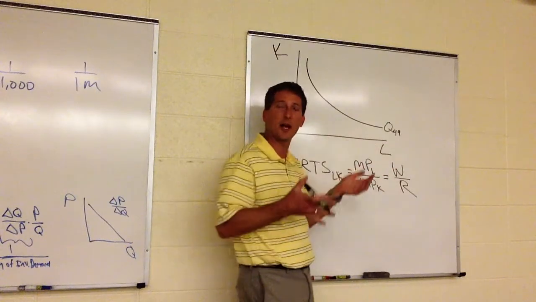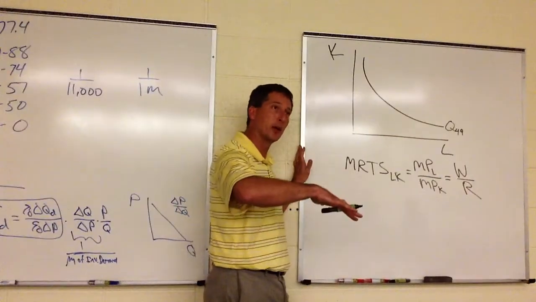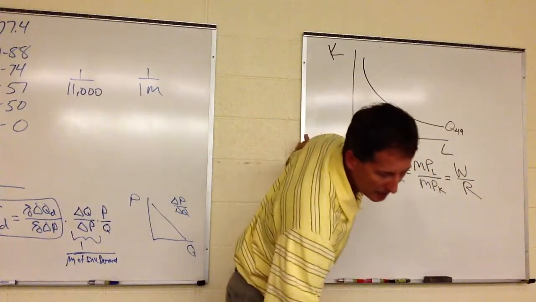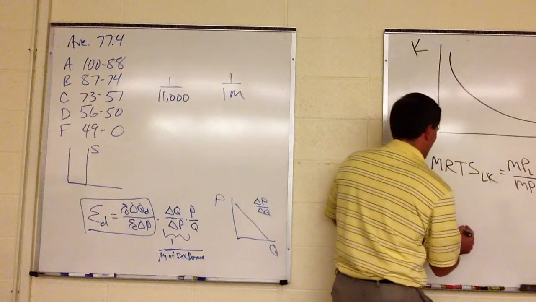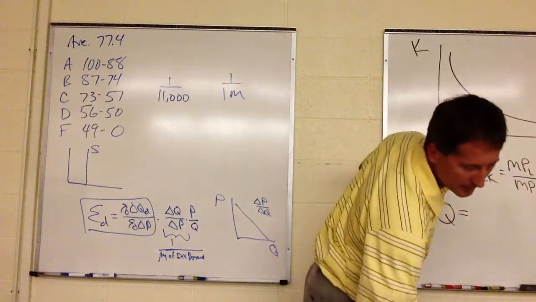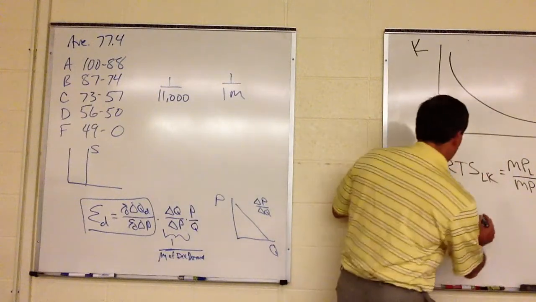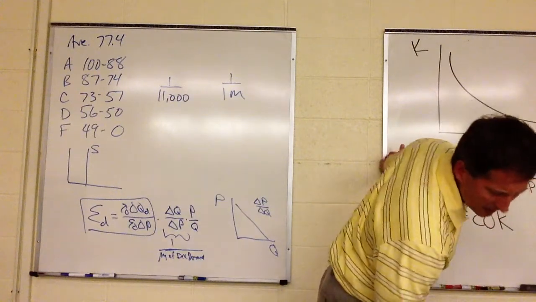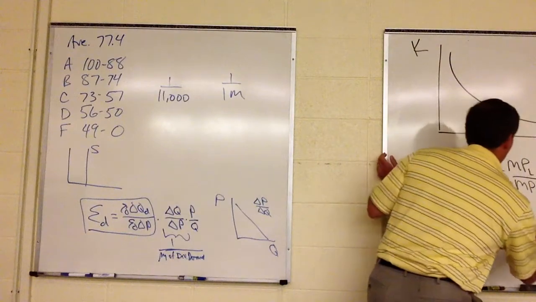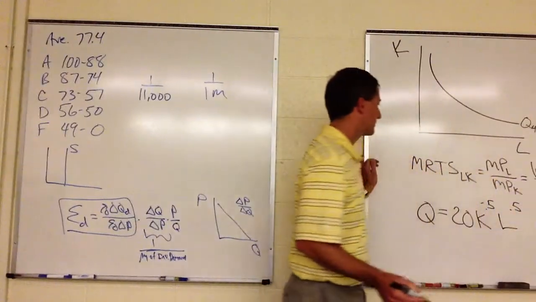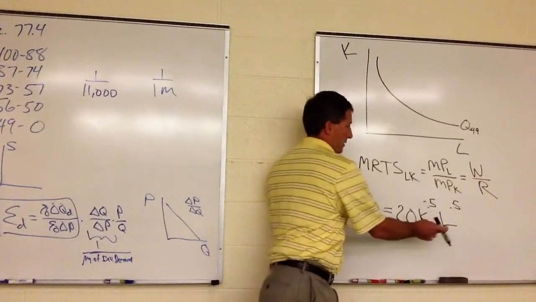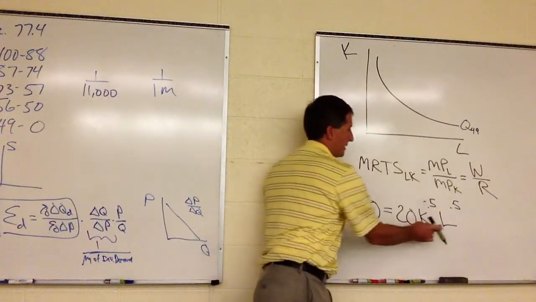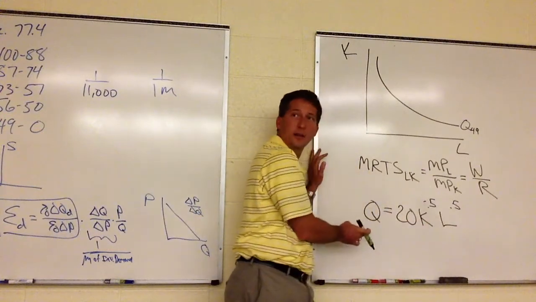So we're choosing the optimal combination of inputs to make this output. We do that by following the production function, which was this first equation, 20 times K to the negative 0.5 and L to the 0.5. So we solve up here for the optimal quantities, we plug them in, and we get our number.